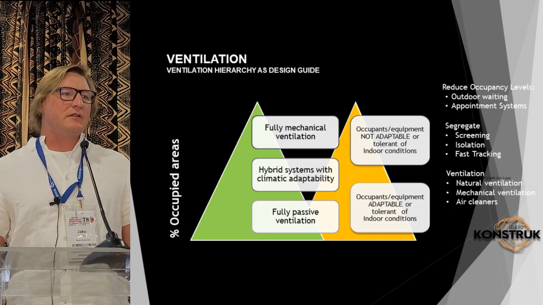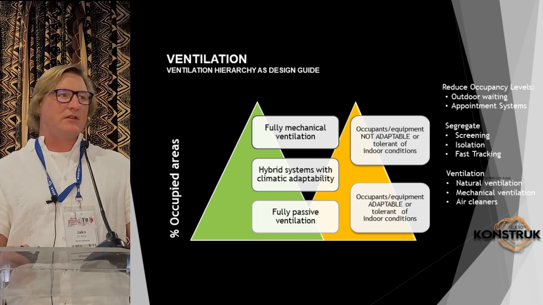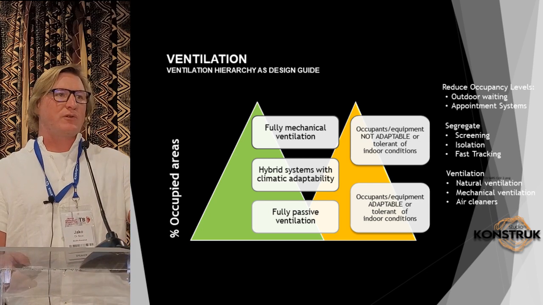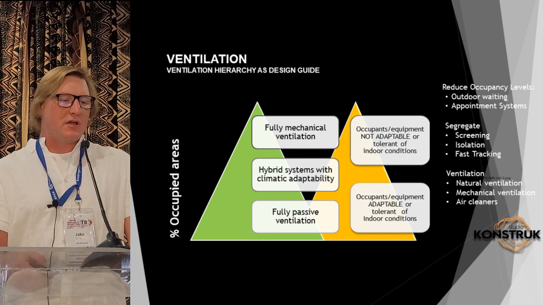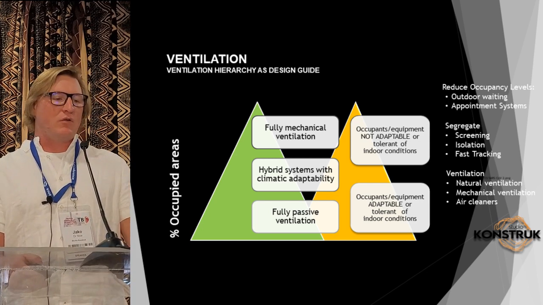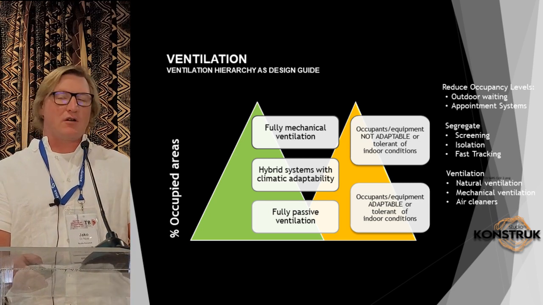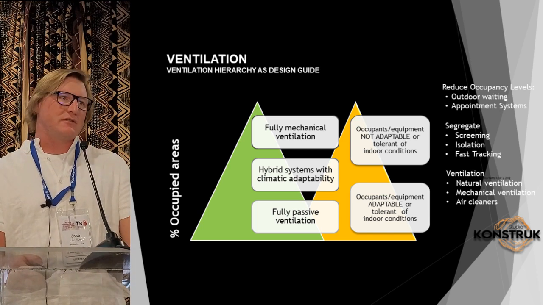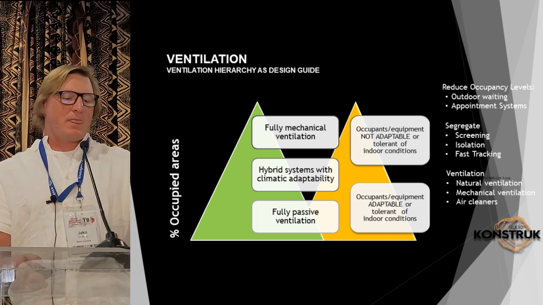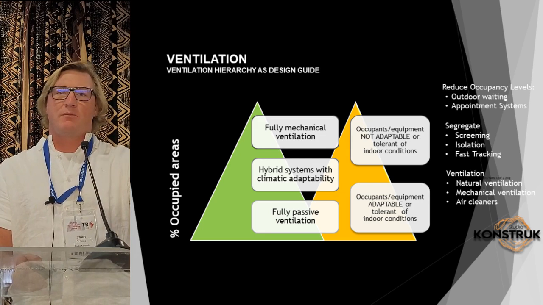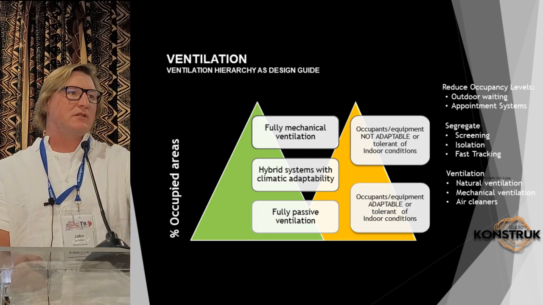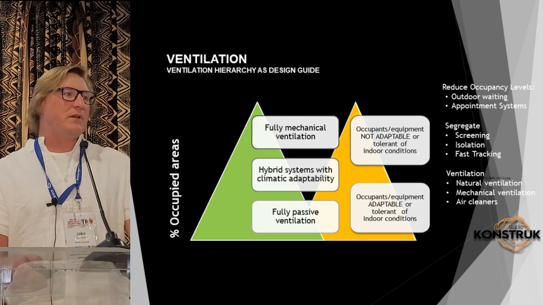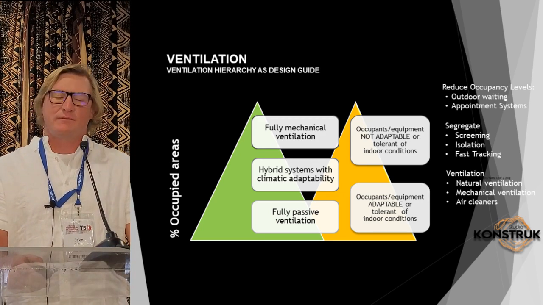The building designer, the team, needs to consider all of these things, not just two or three or four. It's a collective decision. In the end, all of this needs to be considered with reduction in occupancy levels, within segregation, within ventilation solutions. And only then can I start choosing or designing the appropriate layout for the appropriate solution in those appropriate environments to be appropriate for the healthcare service provider.